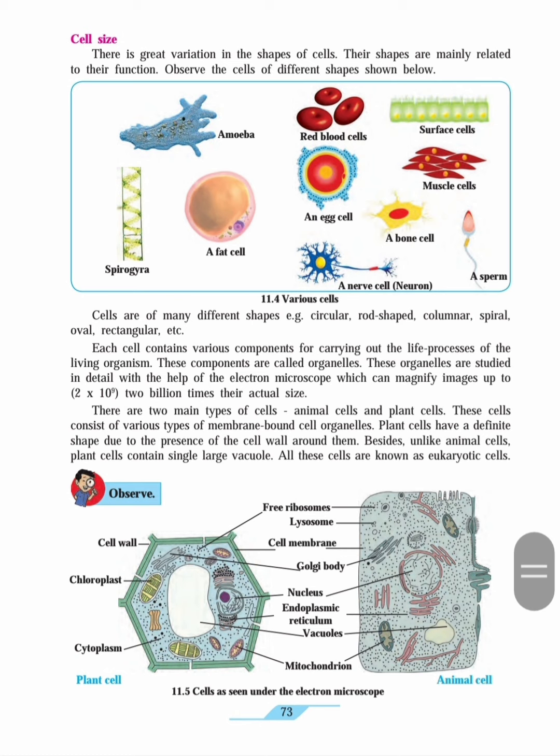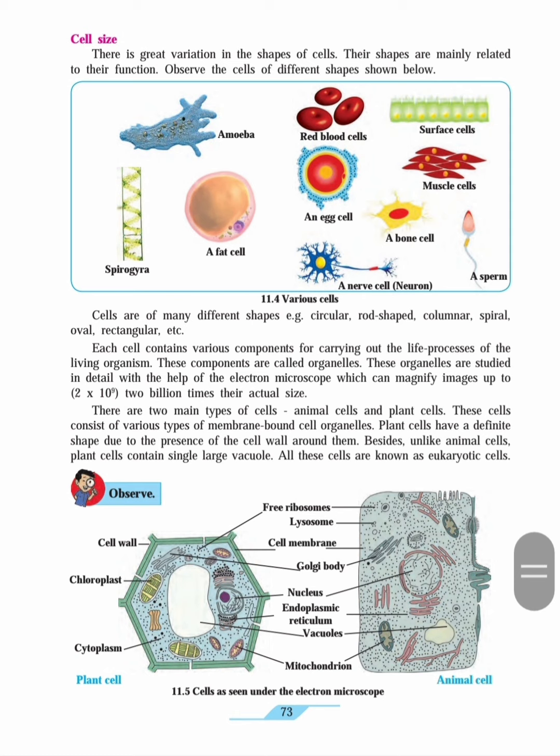They are circular, rod shaped, spiral, rectangular, oval, column shaped. Each cell contains various components for carrying out the life processes of the living organisms. These components are called organelles. These organelles are studied in detail with the help of the electron microscope, which can magnify images up to 2 billion times their actual size.